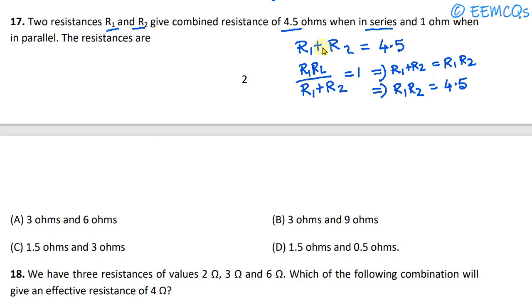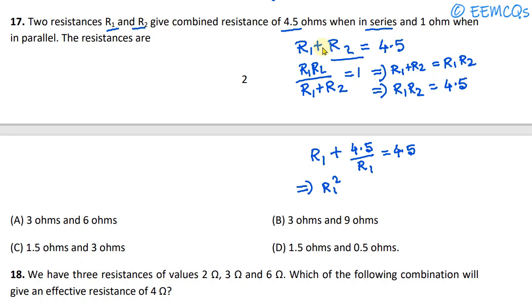Now just put the value of R2 or R1 from here to this. What we get? R1 plus 4.5 by R1 is equal to 4.5, which will give you R1 square minus 4.5 R1 plus 4.5 is equal to 0. Okay.